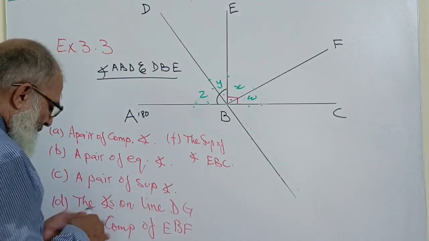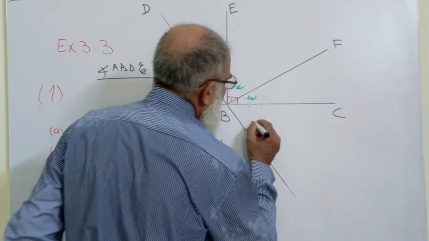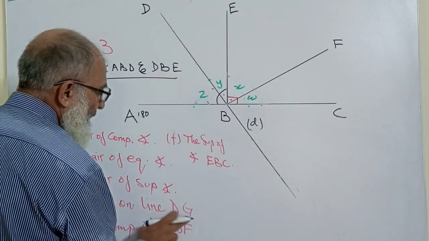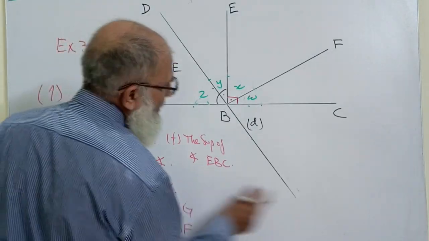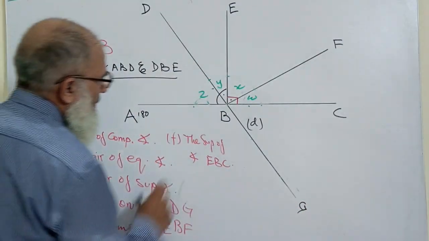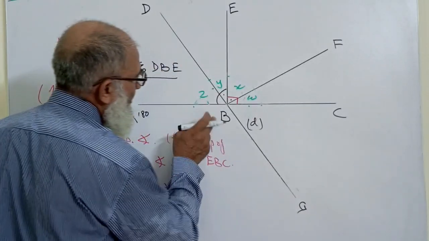Now we have to find part D. The angles on line DG. Where is line DG? This is line DG. I have already erased it. There are many angles on line DG.